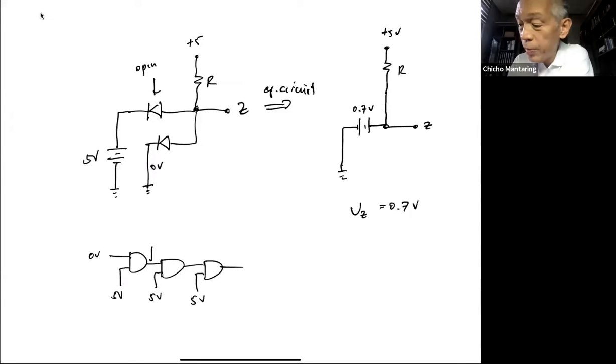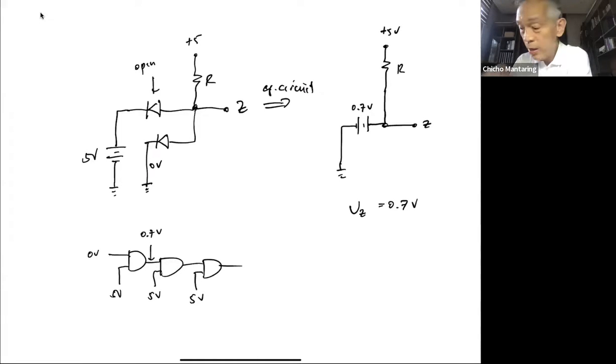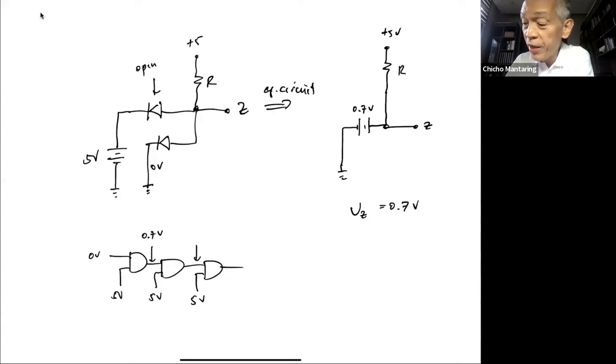Your output here will be 0.7 volts. Here, your input is 0.7, so instead of 0 here, I now have 0.7.